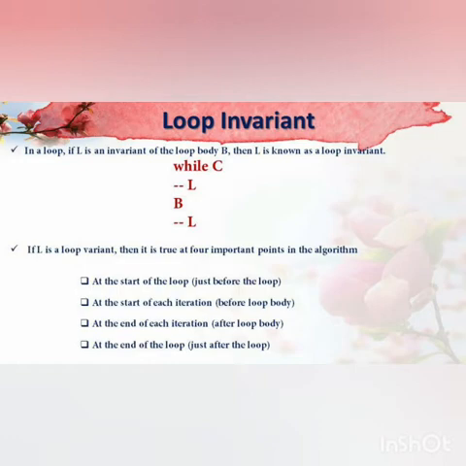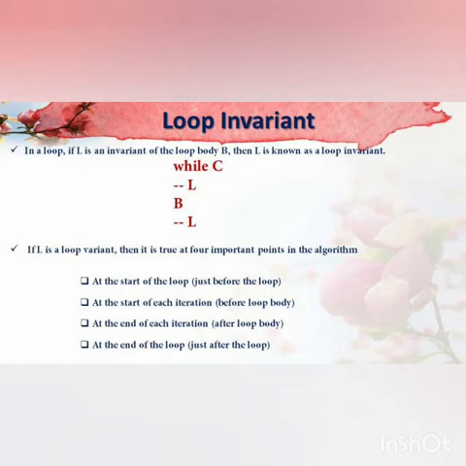Then at the start of each iteration, that is before the loop body, the property should be the same. Then at the end of each iteration, after the loop body also, it should maintain the property. Then at the end of the loop, just after the loop also, it should maintain the same property. So, in all the 4 cases, if it is satisfied, then only it is called a loop invariant.